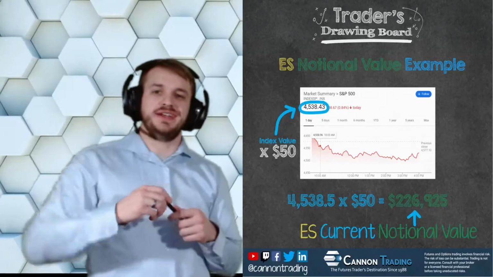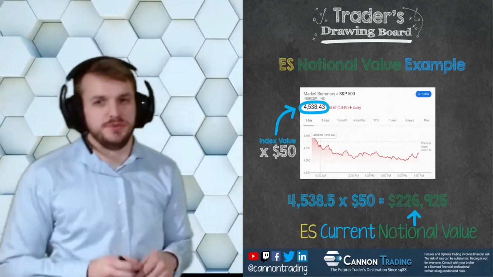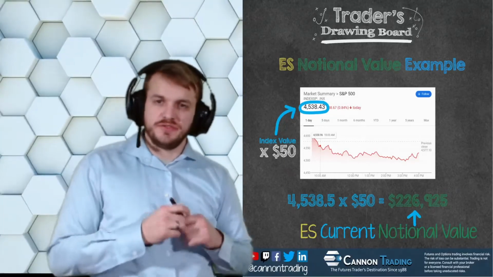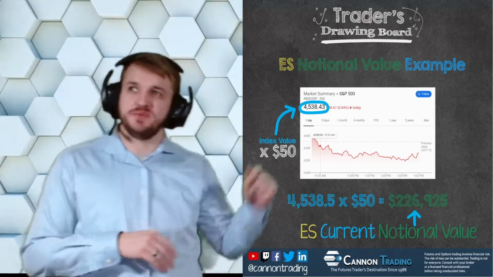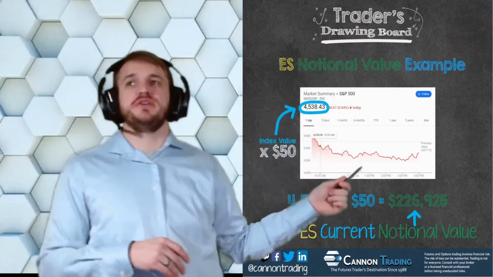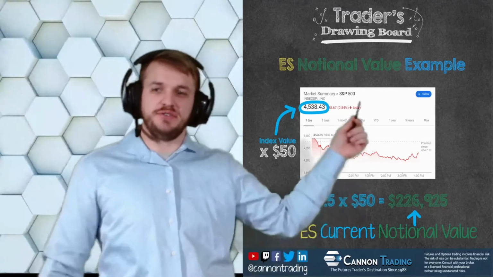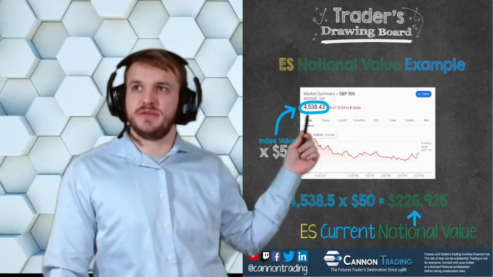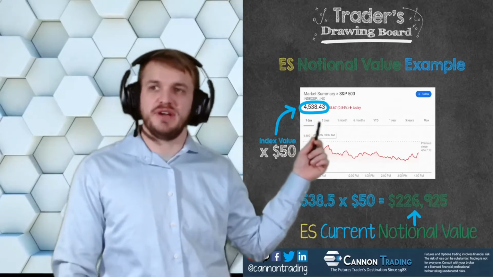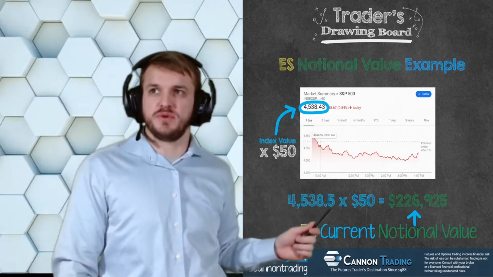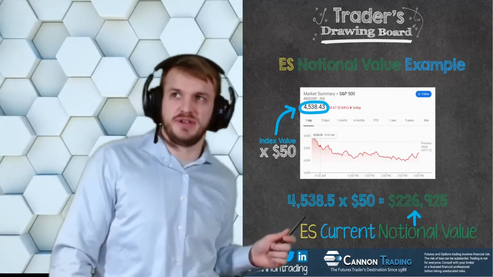Okay, now we're going to look at an example of the notional value of the ES contract. For this slide, I'm going to do my best weatherman impression. I have pulled up a chart from Google of the SPX index value. It's 4,538.43. I rounded that up for the example to 4,538.5.